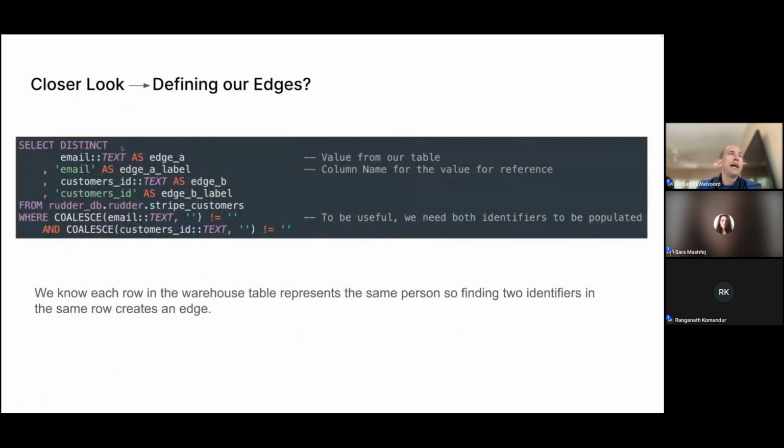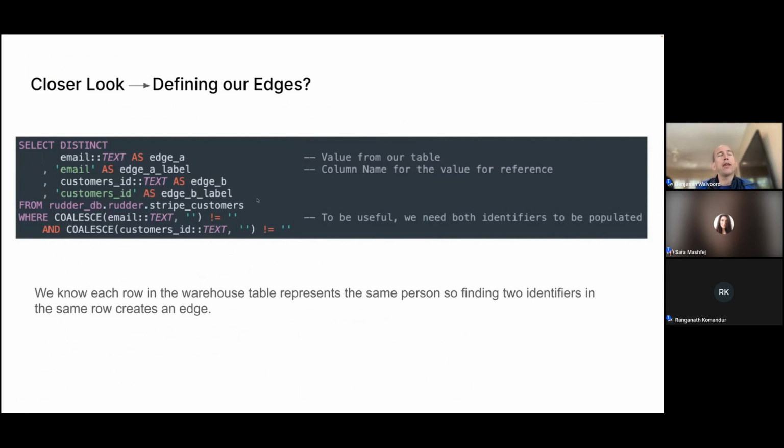So we want an email address, the email value, and we're going to convert all these to text because we're going to join all these in a single table. And then we're going to stamp the value email as our label. And then we're going to do the same for the B side. So we have an A side and a B side, and an A label and a B label.